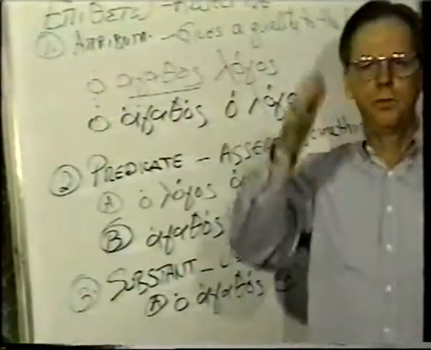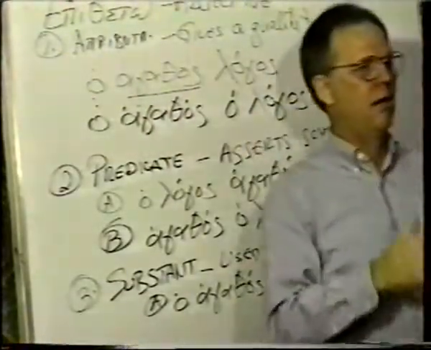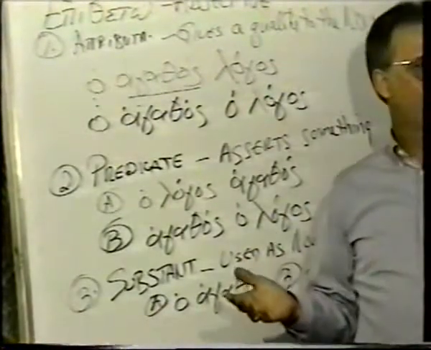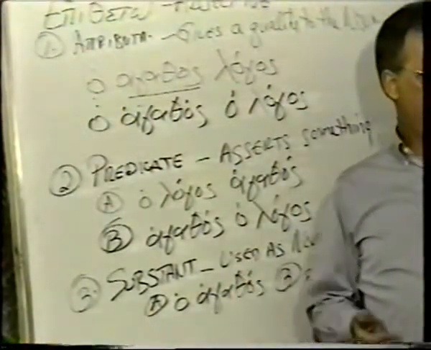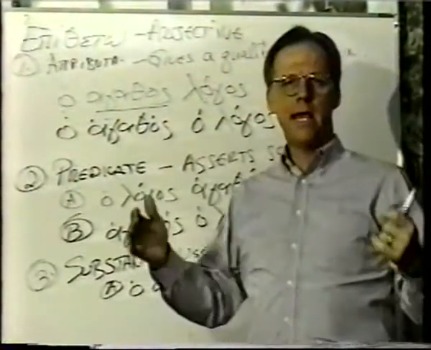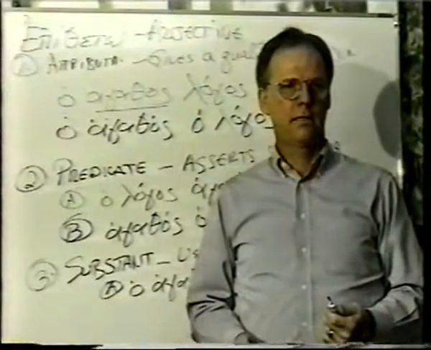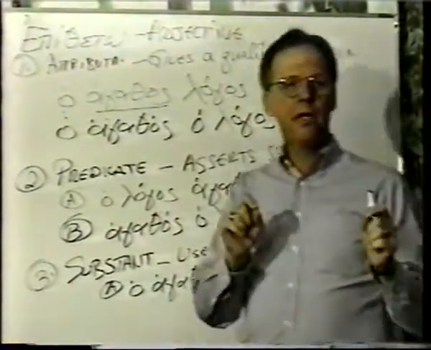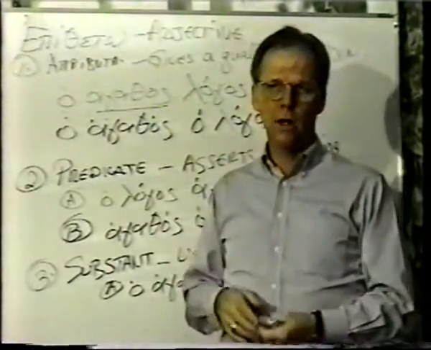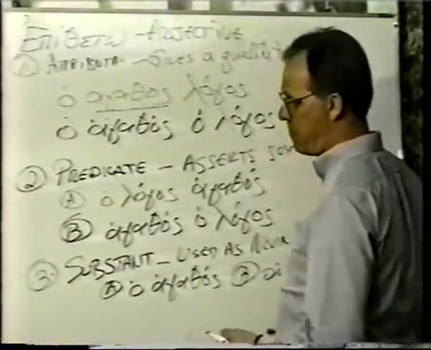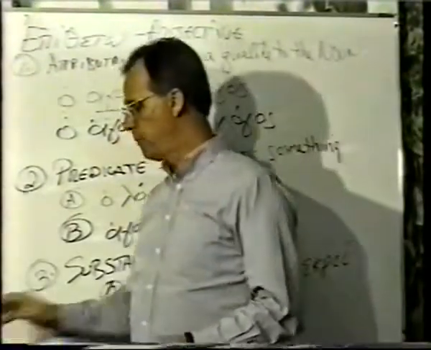We don't have to put them in some kind of order. We just simply say, e nekri. E nekri to necrotapio, the dead of the graveyard. So we see that the adjective is a very, very useful and important part of our Greek grammar, helping us to understand better what we're involved in.